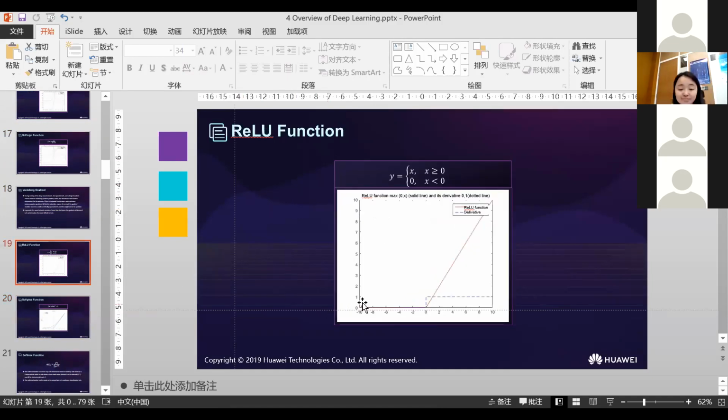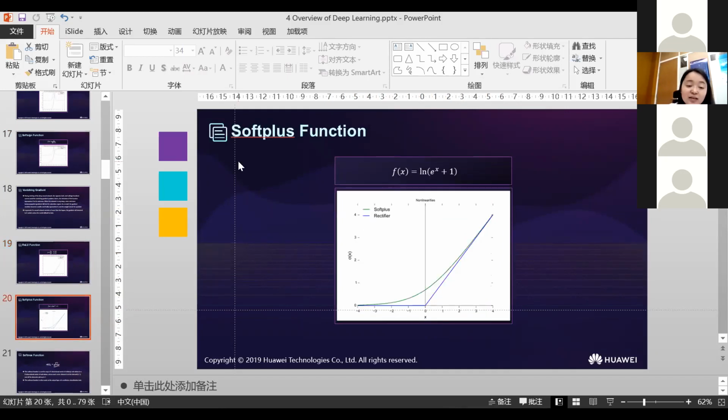Here the solid red line is the ReLU function, and the dotted line is the derivative of the ReLU function. It's very simple. If the input is larger than 0, the derivative equals 1, otherwise the derivative equals 0.